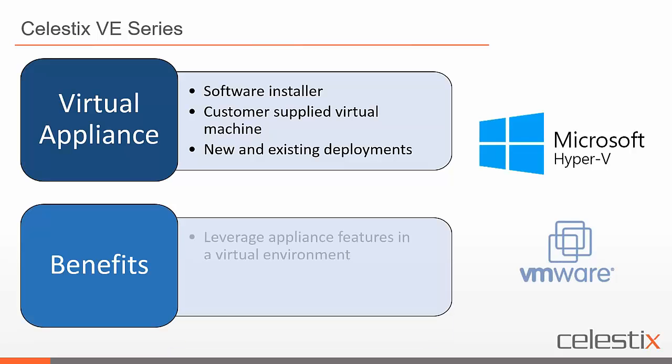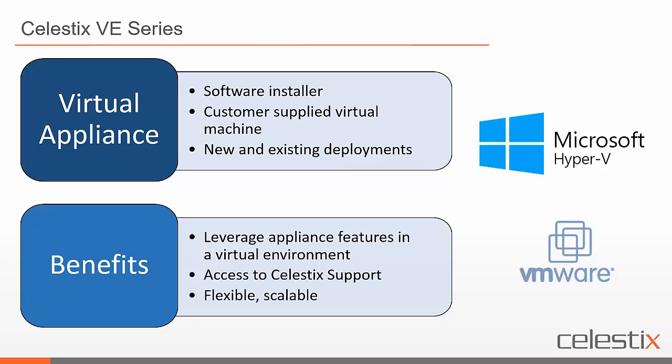The benefit is that you get to leverage these appliance features in your virtual environment and take advantage of things like Celestics support. And ultimately, you gain the flexibility and scalability that comes along with deploying these solutions in a virtual environment, things like snapshots and live migration that are available to you for this workload.